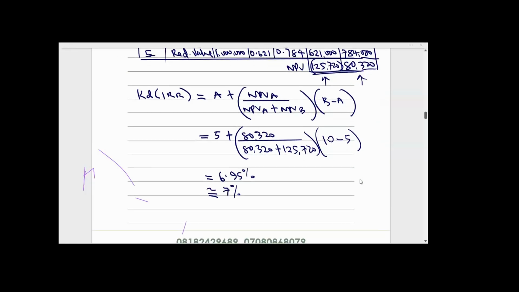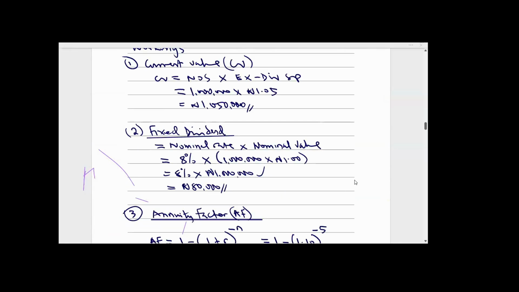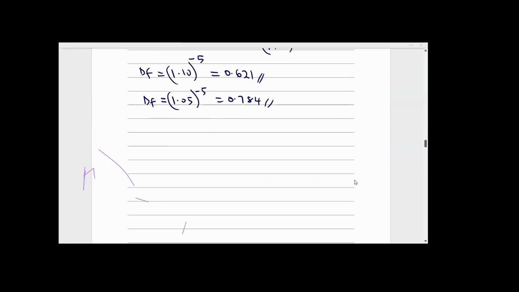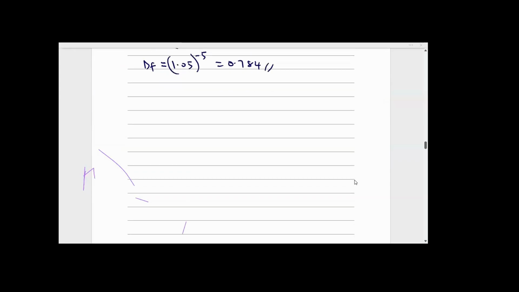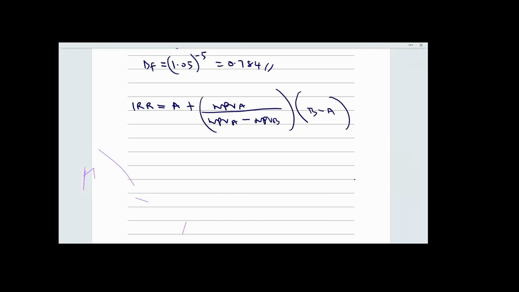No, you don't need to bother yourself on that. I understand what you are saying. Originally, the formula for internal rate of return is equal to A plus NPV of A over NPV of A minus NPV of B, all of this multiplied by B minus A. Originally, this is the formula for calculating internal rate of return.